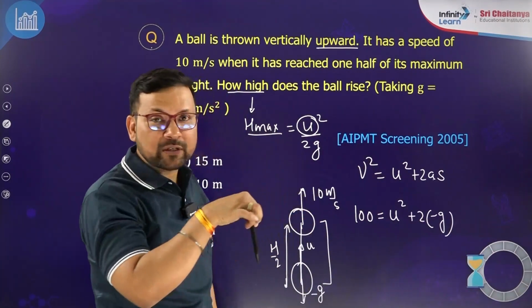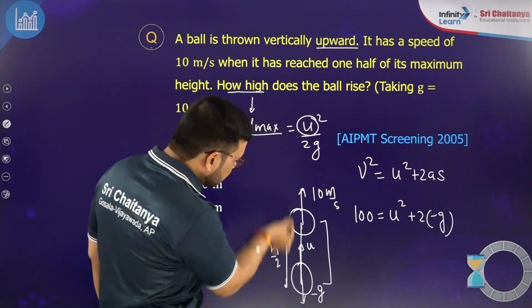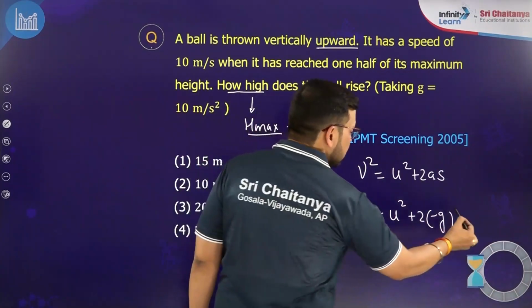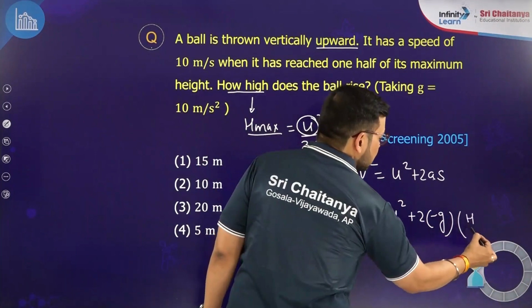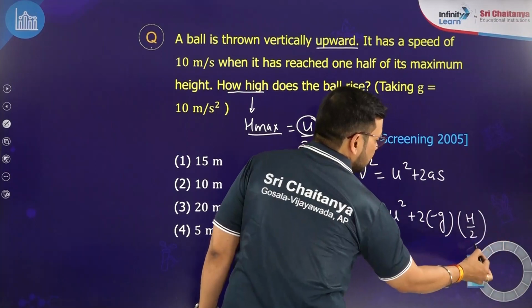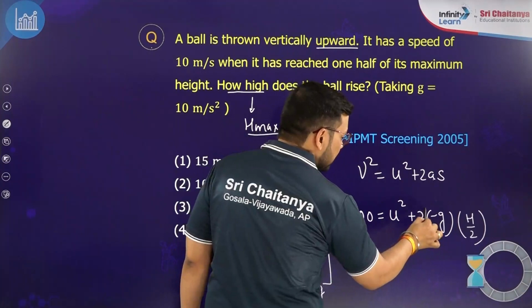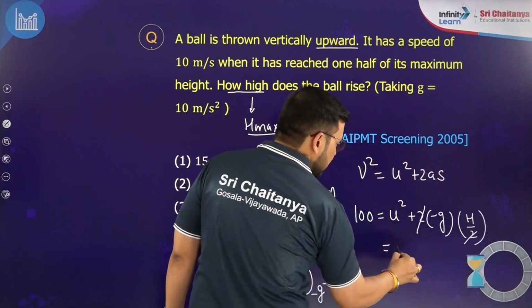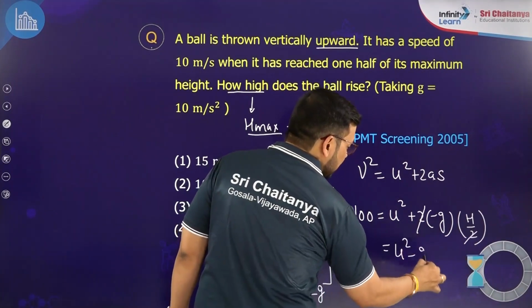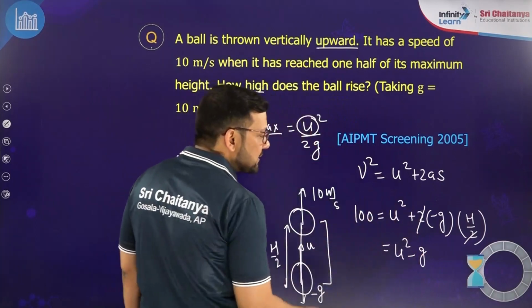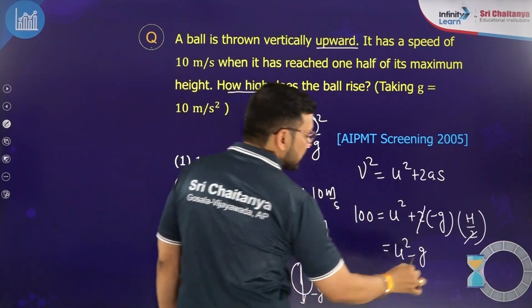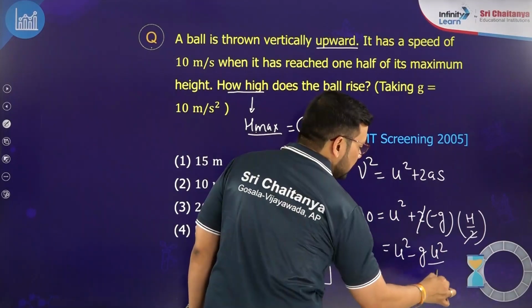What axis is downward? Minus y. And displacement is upward. Displacement is h by 2, plus sign I have taken. From here, if I am solving, 2 cancels. That is 100 equals u square minus g h. And do we know what h is? Maximum height is how much? It is u square by 2g.